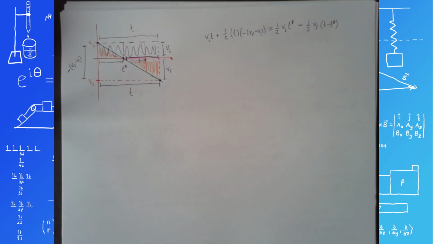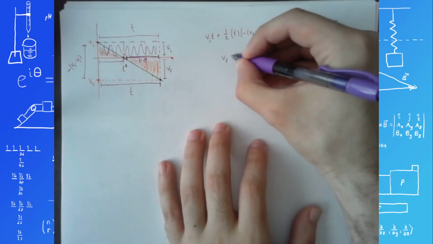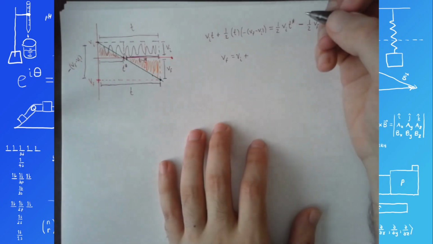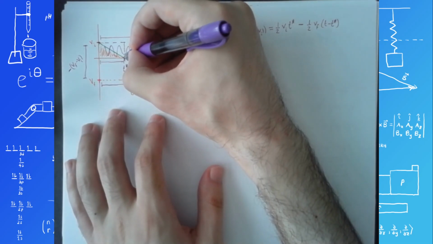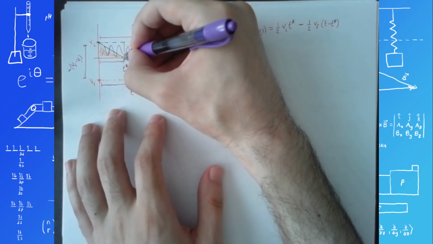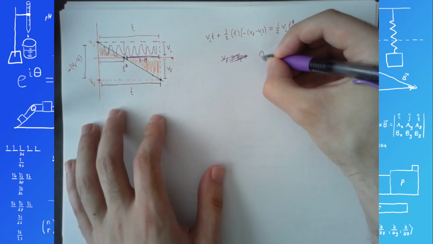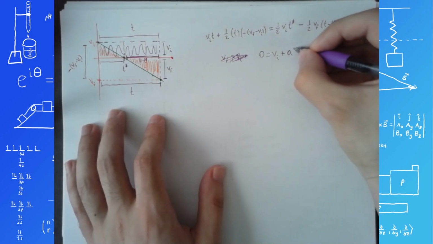And how do we grapple with this t star thing? Because we definitely need to eliminate that. I'm guessing I would just use my first kinematics equation here, so v final equals v initial... actually, wait, no, hold on. At t star, the quote-unquote final velocity is 0. Your velocity is 0 at time t star, so velocity 0 equals velocity initial plus acceleration times t star.